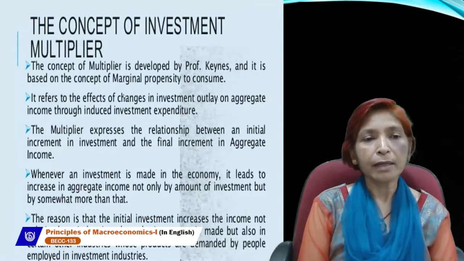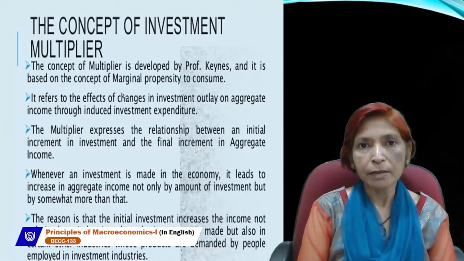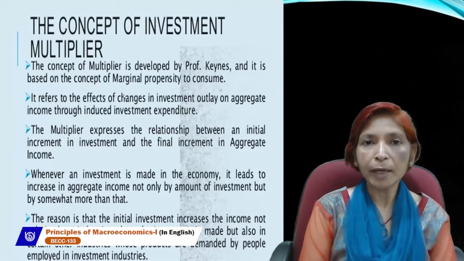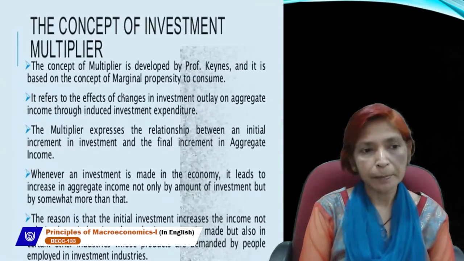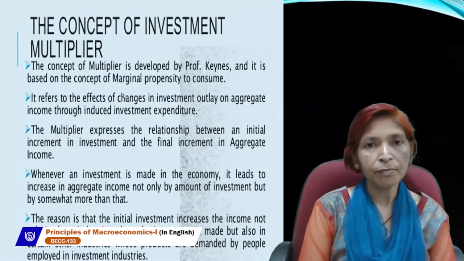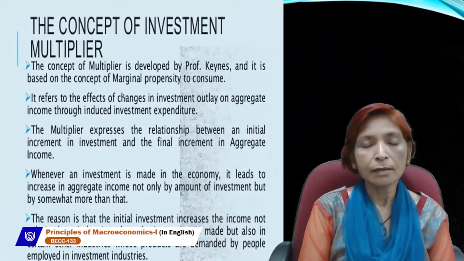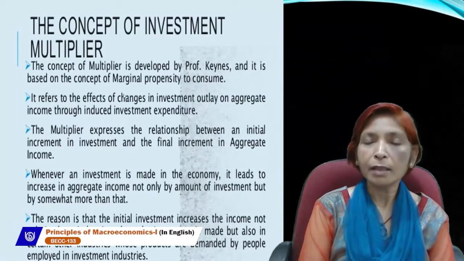So, multiplier or investment multiplier is a concept mainly developed by J.M. Keynes, and it is related with marginal propensity to consume. If our marginal propensity to consume is higher, then the multiplier will be higher.